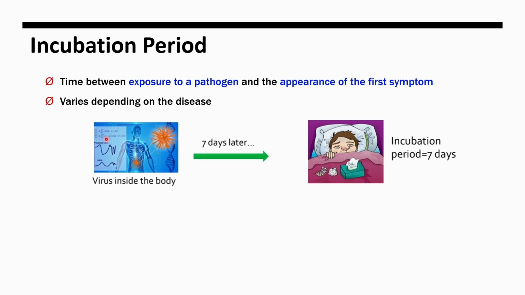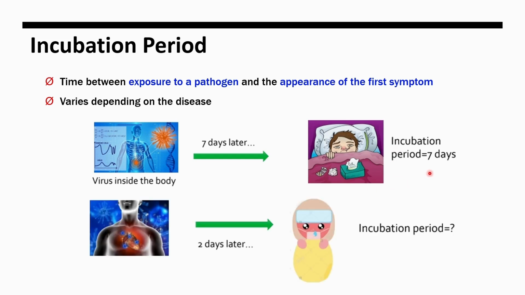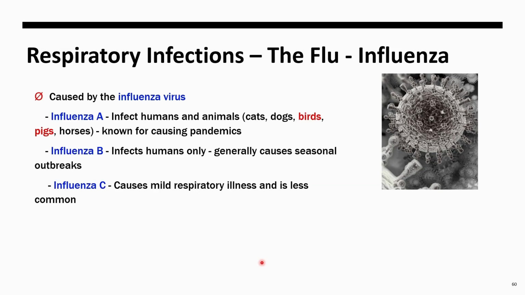So here, if a virus infects, after 7 days it will show the first symptom. This is just an example. So what is known as the incubation period? The time from exposure to the time of appearance of the first symptom. So the incubation period here is 7 days. In this case, what is the incubation period? It's obviously 2 days. So let's move on to each of these diseases.